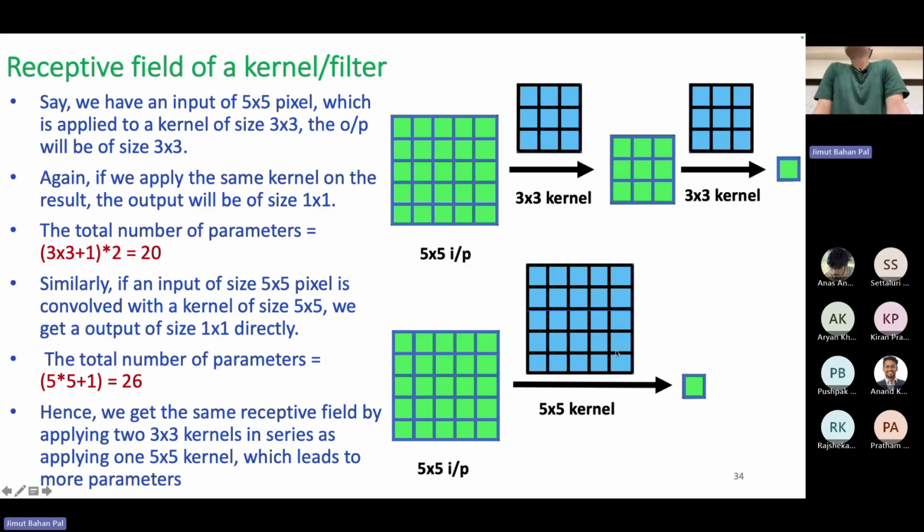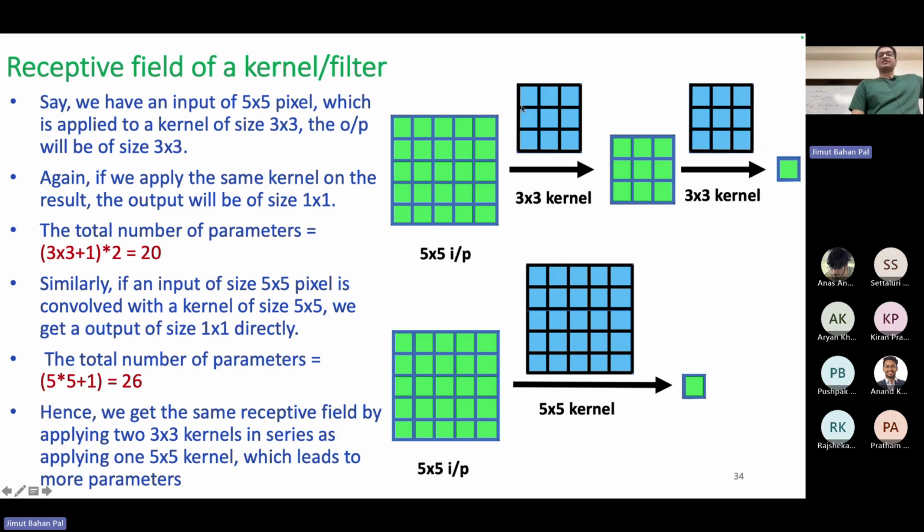Now one interesting thing about convolution is the receptive field of a kernel or filter. Say we have an input of 5 cross 5 pixels here. We are applying a kernel of size 3 cross 3.